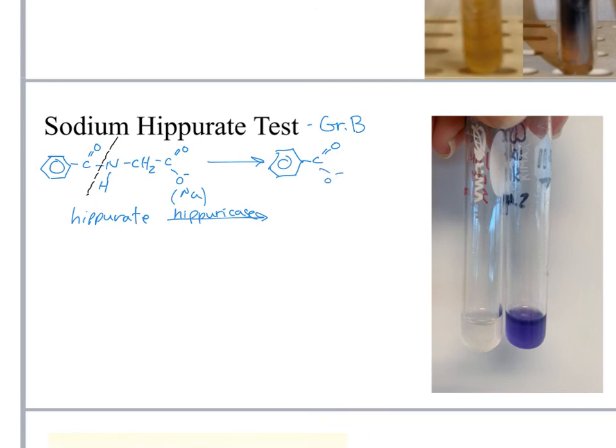You see this benzene ring here. That's what we'll call benzoic acid, or benzoate or sodium benzoate, either way. As well as, let's see if I can fit this in here.